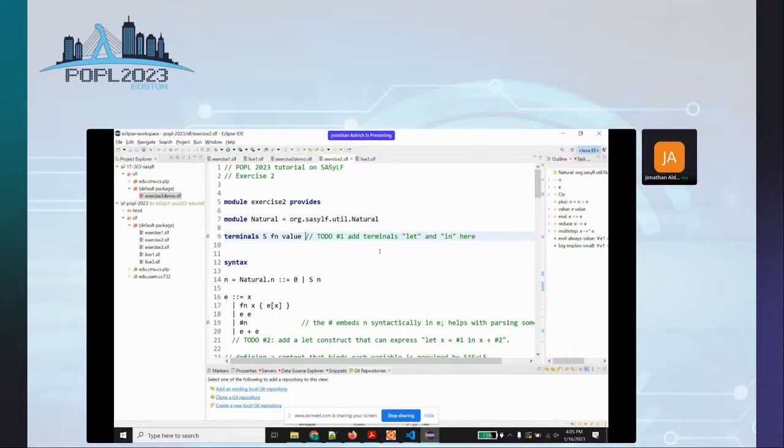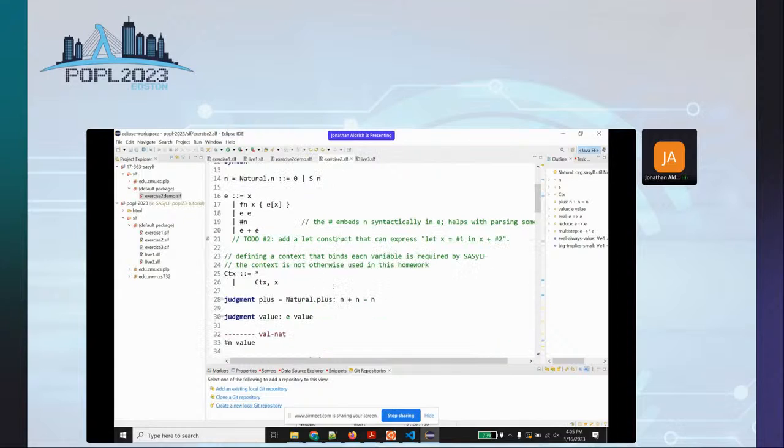Okay, so the first task is to add a let construct. To do that, you've got to add a couple of terminals. So how would you add a let construct that can express, say, let x equals 1 and x plus 2? Is this supposed to be a recursive let? No, we can explore. It's a regular one, but we could do the other one as an alternative. Then I think it would just be let x equals e in ex.